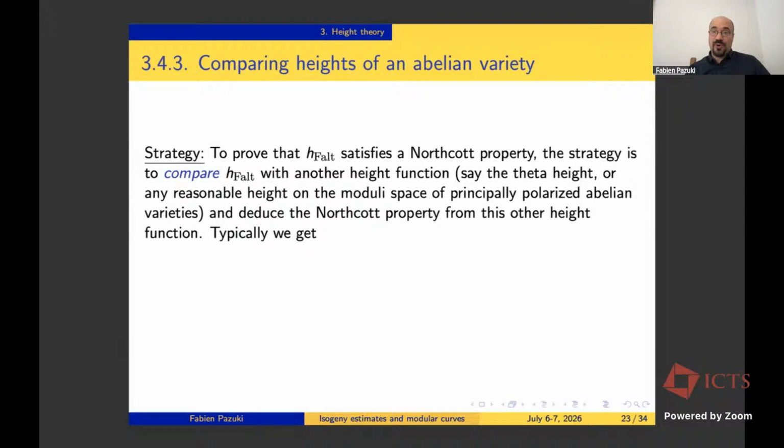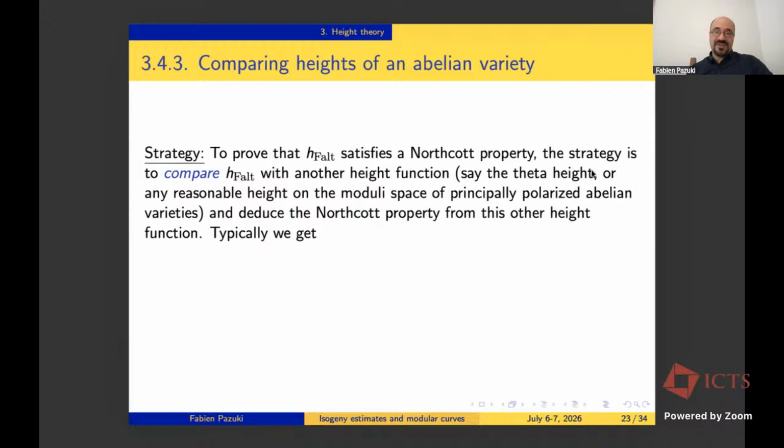You need some work, and that's what Faltings does in part of his paper on the Mordell conjecture. He proves that this height has a Northcott property, and here's the strategy. The strategy is to compare the Faltings height, the key object you want to keep for later in the proof, with another height function.